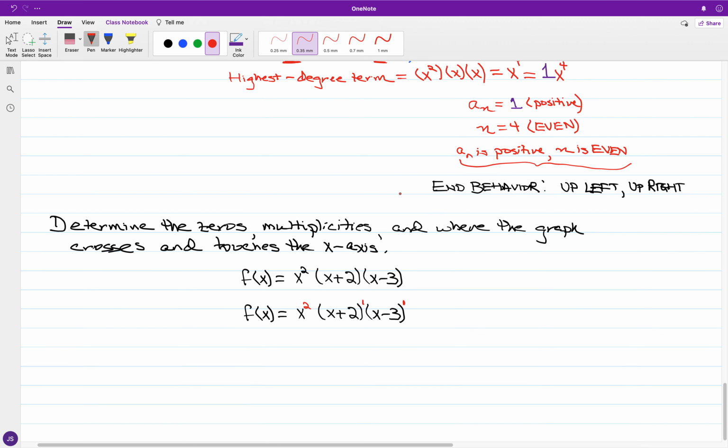So in the case of the zeros and multiplicities, and whether the graph is going to cross or touch the x-axis.